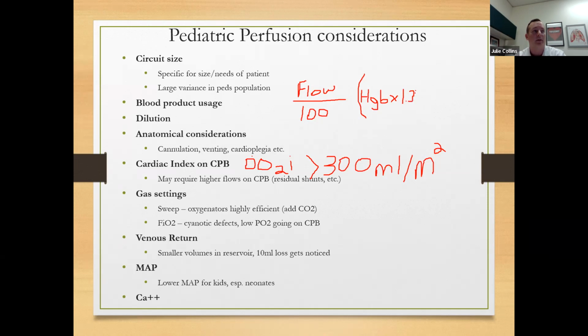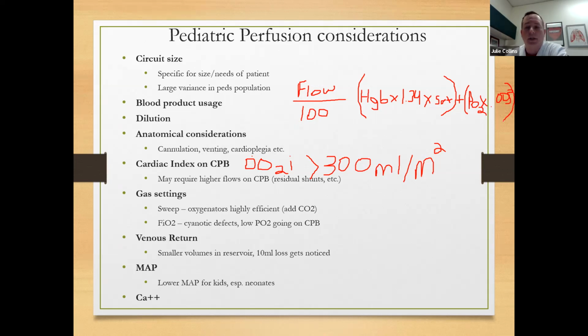So O2 content is what's going to be within the parentheses here: hemoglobin times 1.34, which is a constant, times the saturation in a percentage, plus PO2 times basically the calculation for dissolved oxygen, which is 0.003. Hopefully you can read that.